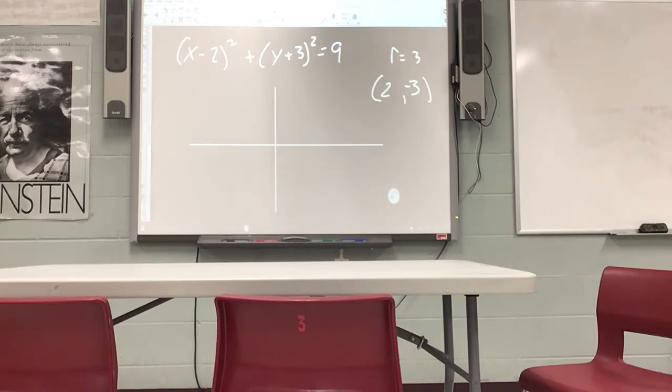Okay, so start graphing my circle. I'm going to go 2 units right, 3 units down, and that's the center of the circle. Now, when we did circles, I don't remember if it was earlier in the week or last week, we had our center at the origin, so we just counted our radius from the origin. Where am I going to count my radius from this time? Right, I'm going to count from the center.